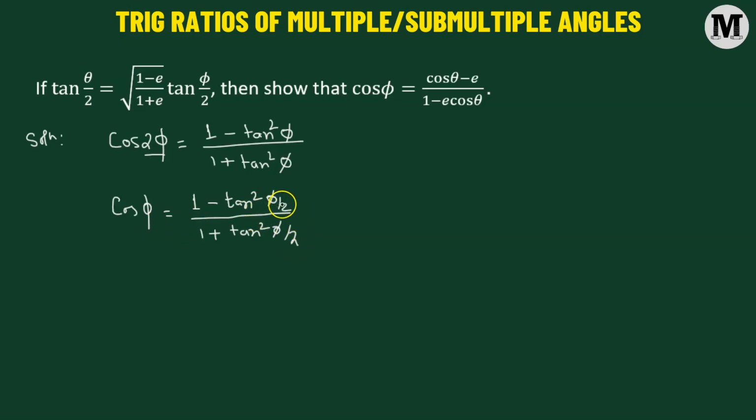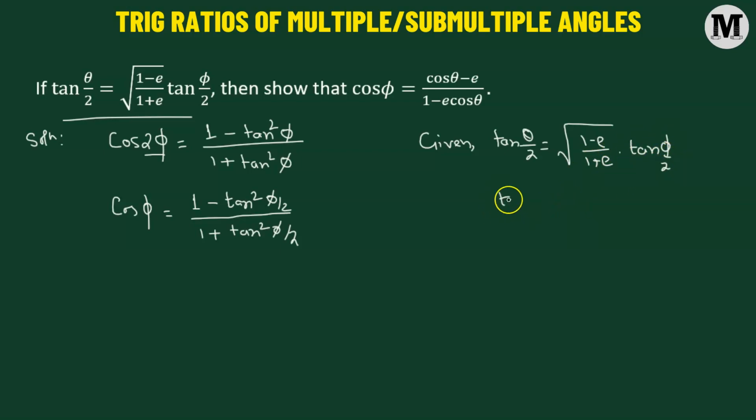Now we need to find out the value of tangent squared phi over 2. Here we are given the expression in terms of tangent theta over 2. Let's use this. So we have tangent of theta over 2 given by square root of (1 minus e) over (1 plus e) multiplied to tangent of phi over 2. Now, if we isolate tangent of phi over 2, that becomes equal to the square root of (1 plus e) over (1 minus e) times tangent of theta over 2.